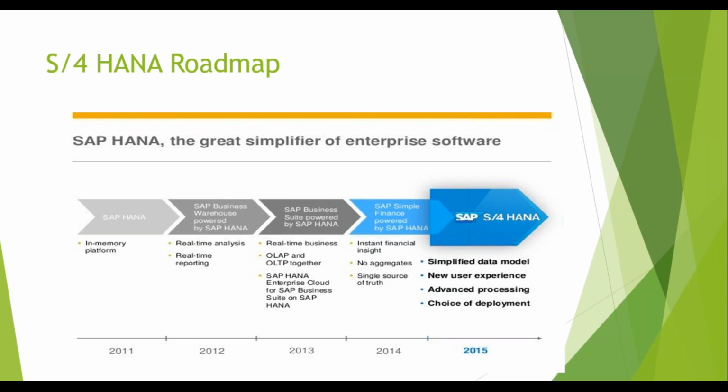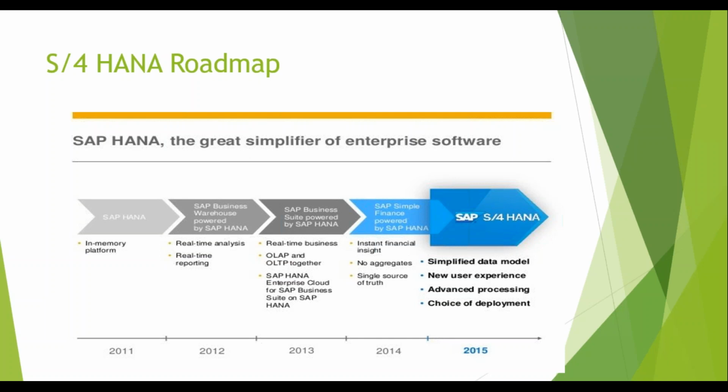The first product that was built on SAP HANA database was SAP BW. Okay, so instead of directly using SAP HANA database on ECC system, SAP first came up with SAP BW system on SAP HANA. So in 2012, as we can see, the first product on HANA was SAP BW.